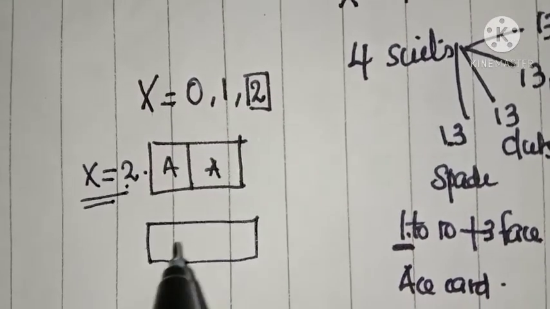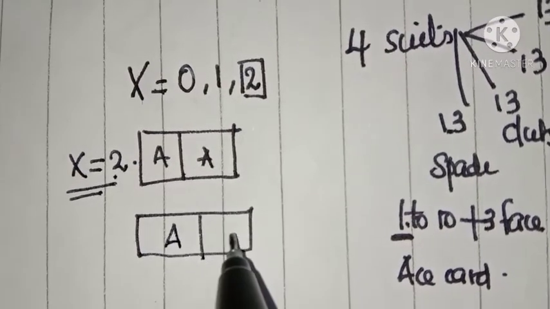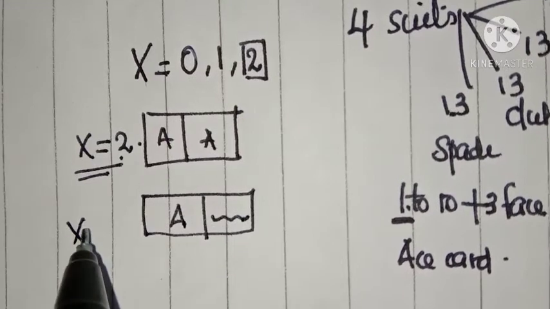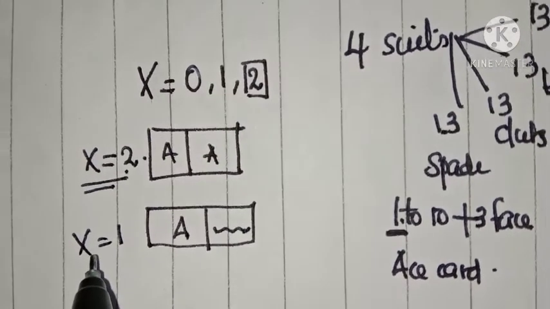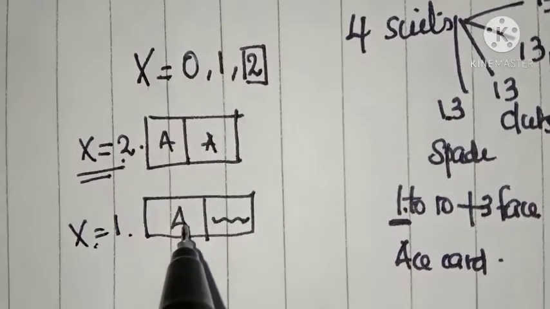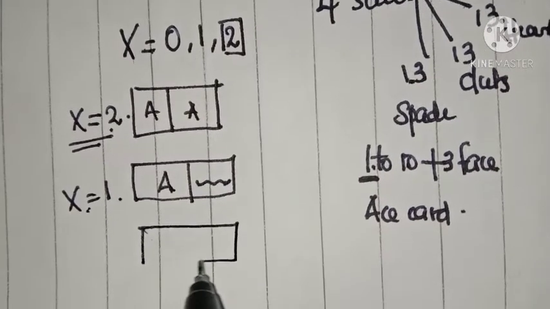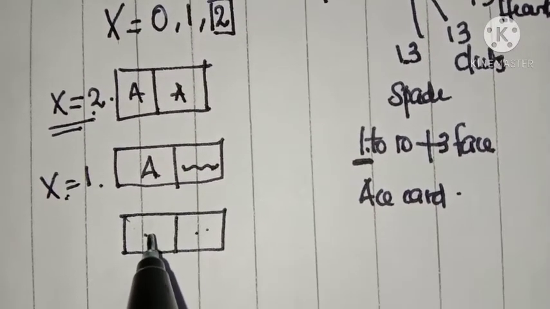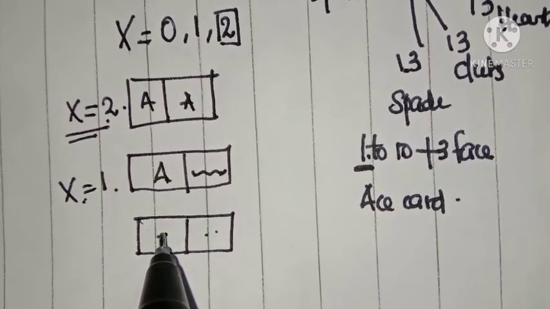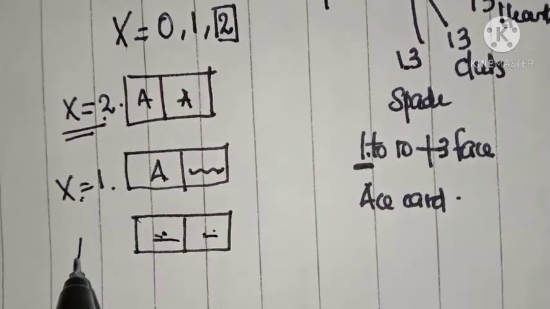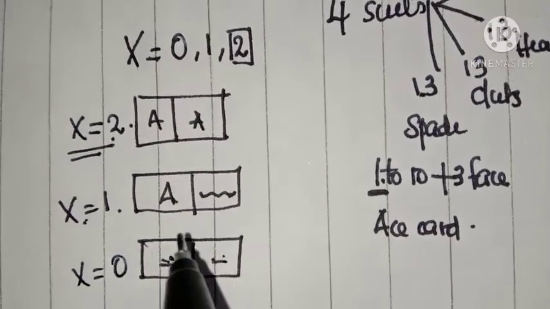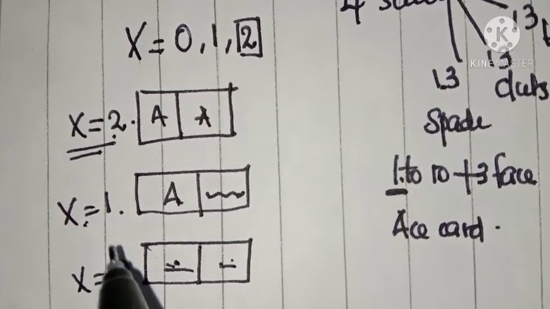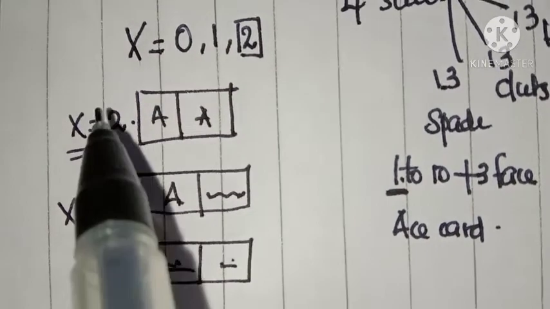Suppose one of the cards is an ace card and the other is not, then X equals 1. Another possibility is that both cards selected are not ace cards, so X equals 0. So the only possible values of X, the number of ace cards, are 0, 1, 2.